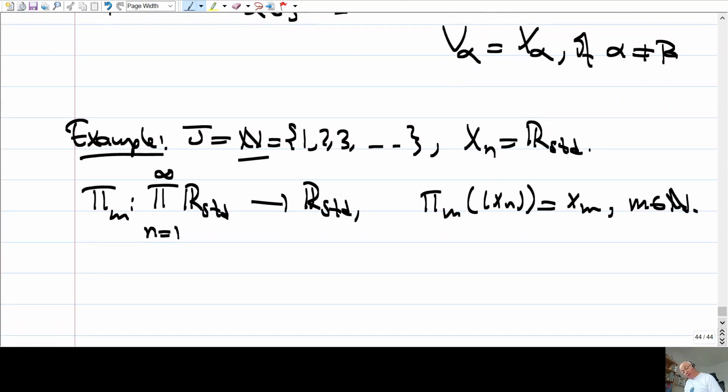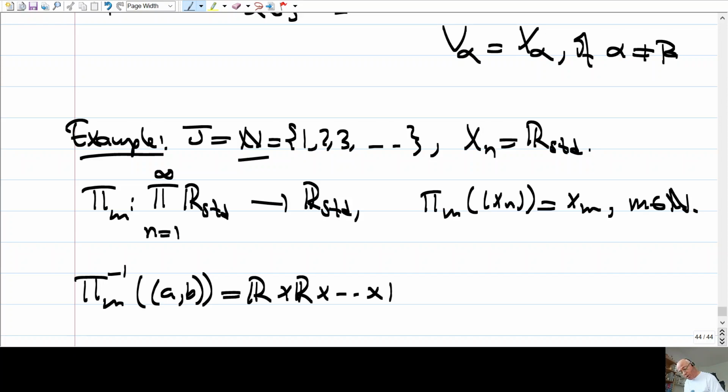Well, what is the inverse image of an interval? So pi m inverse image of, let's say, some open interval (a, b). What is this? Well, it is R cross R cross R, and then here comes (a, b), and then R, and it goes like this.